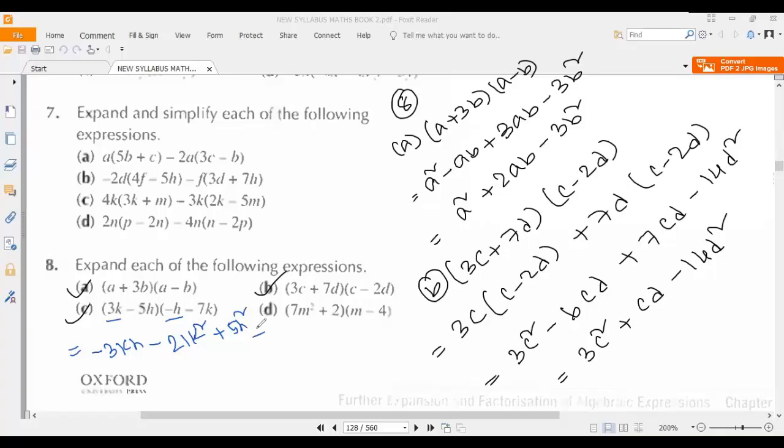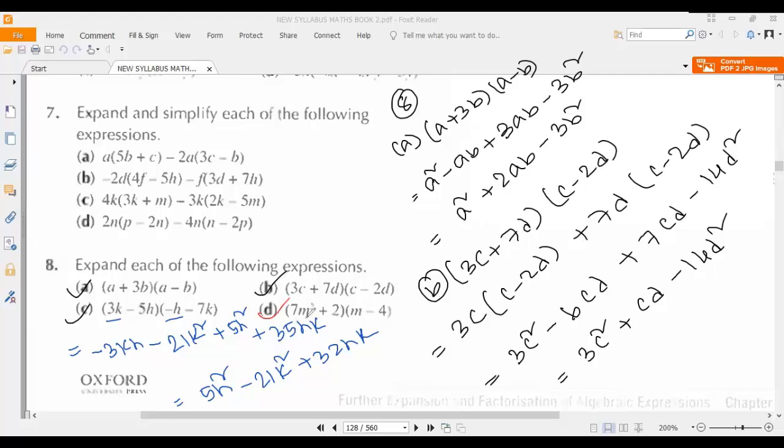Minus a plus 5 sevens are 35hk. So what will be the final answer? I'm writing 5h square at first. Then minus 21k square. 35 minus 3 will be 32hk. Okay.